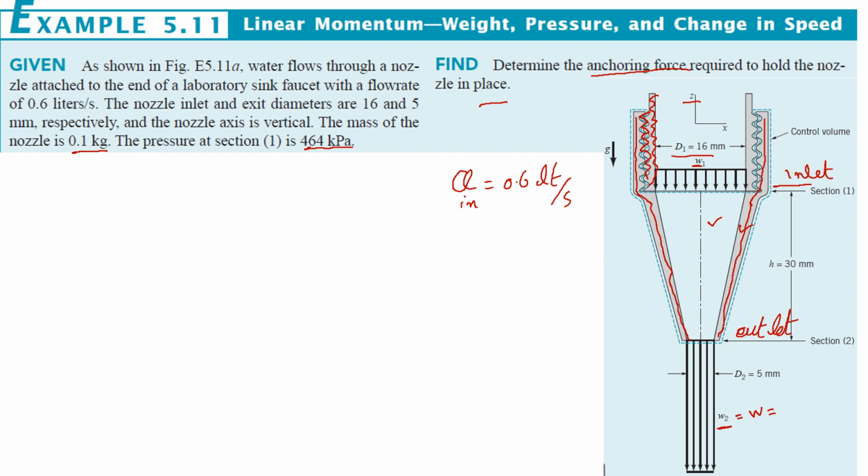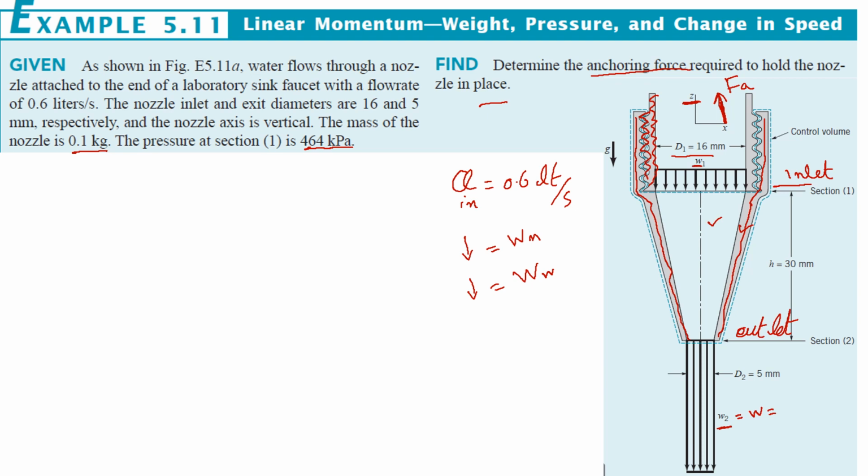Then again we will take some forces. The weight of the nozzle will be taken along the negative z-axis. The weight of the water will be taken along the negative z-axis. The anchoring force will be upward. This is our anchoring force because this is the force required to hold this nozzle to the faucet, so it will be in the positive z-axis direction.